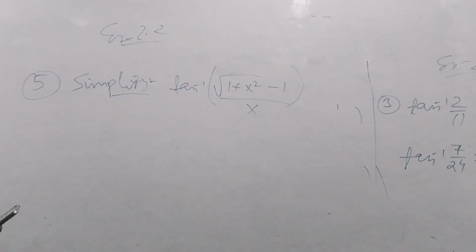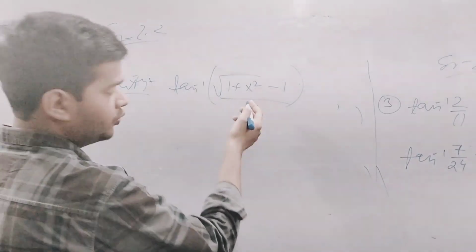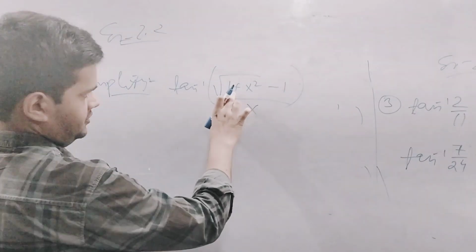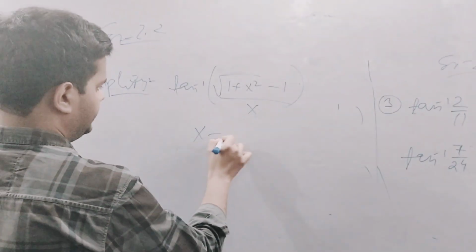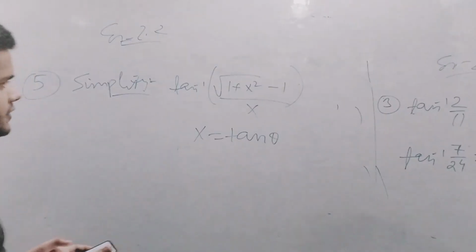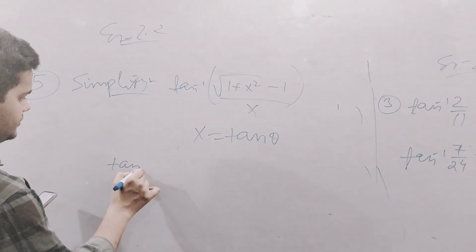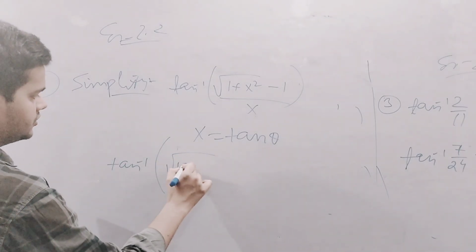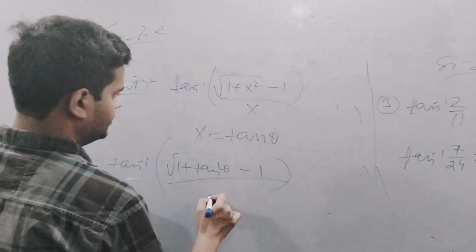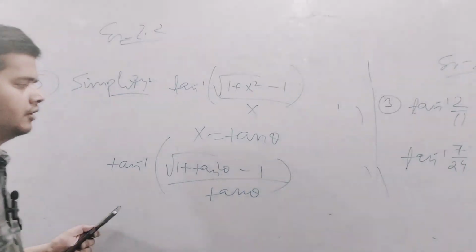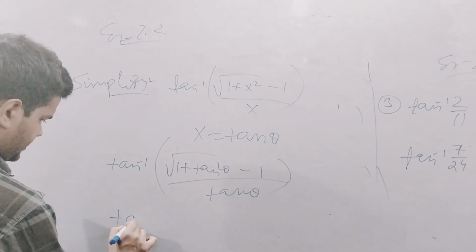Now here, whenever you get a term in addition and one term is in square, in such a case take x is equal to tan theta always. Okay, so this becomes tan inverse root 1 plus tan square theta minus 1 upon tan theta. All right. Now this 1 plus tan square is sec square theta.